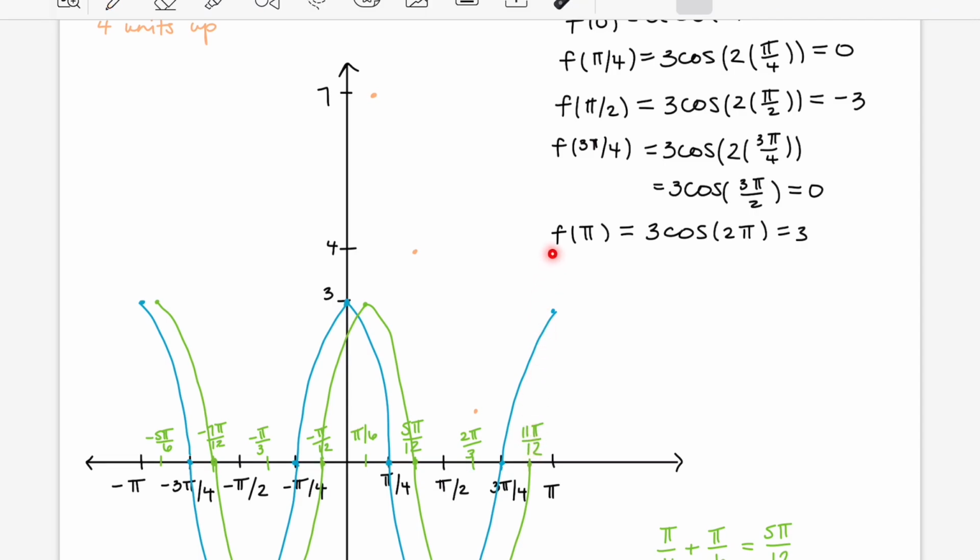This point will go 4 units up, so right about here. And then repeating this process for the negative x-axis here. So our graph will look something like this here.